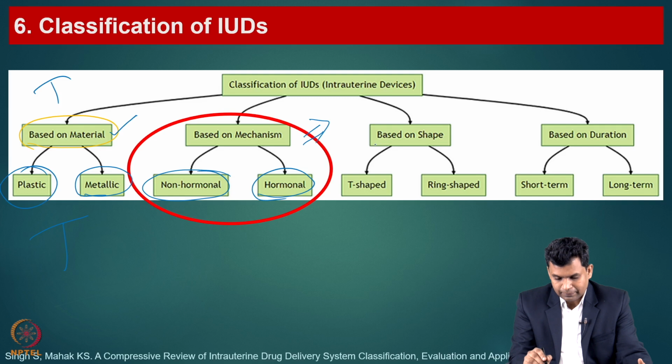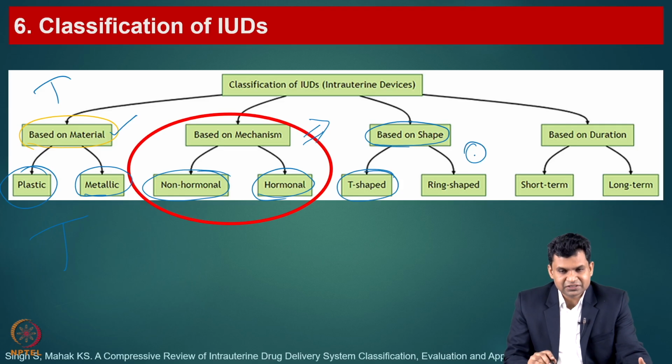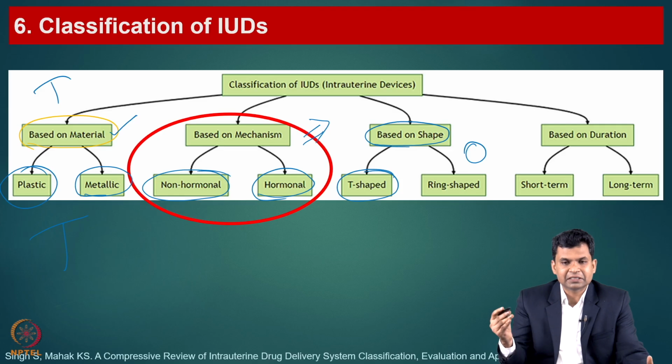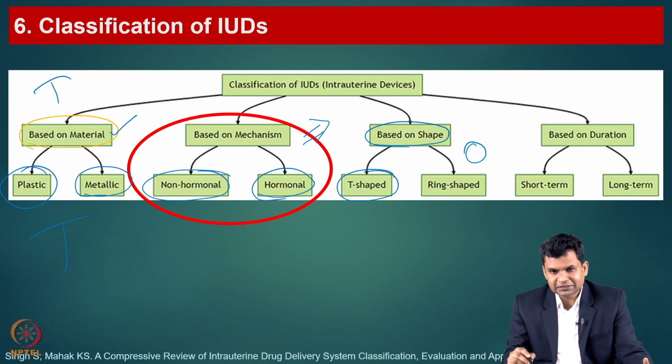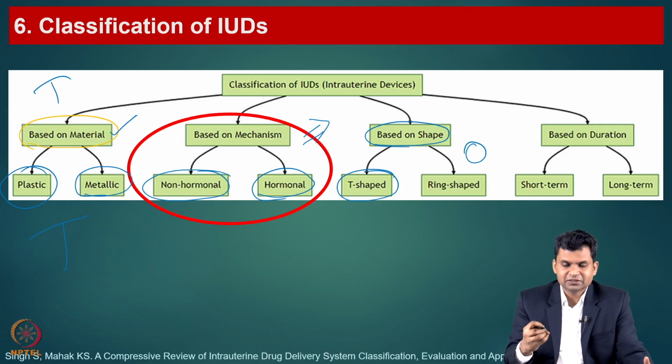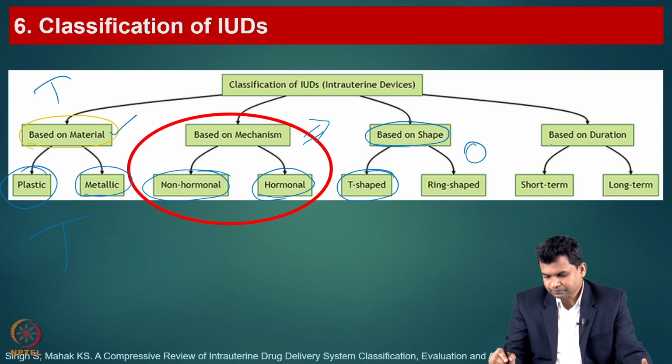The third class is based on the shape. T shape, as we discussed, and ring-shaped devices also come in the market. They have different advantages compared with the T shape, and there are devices which come as spheres like balls that can also be placed in the uterus.